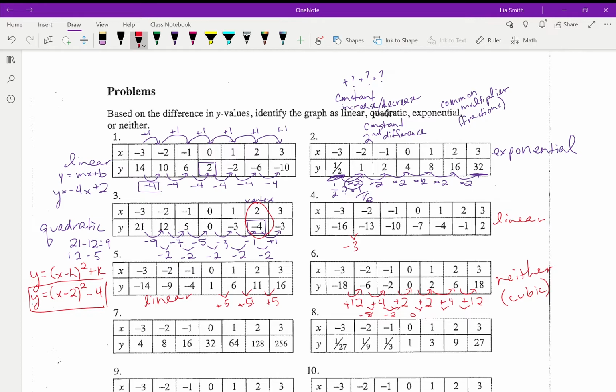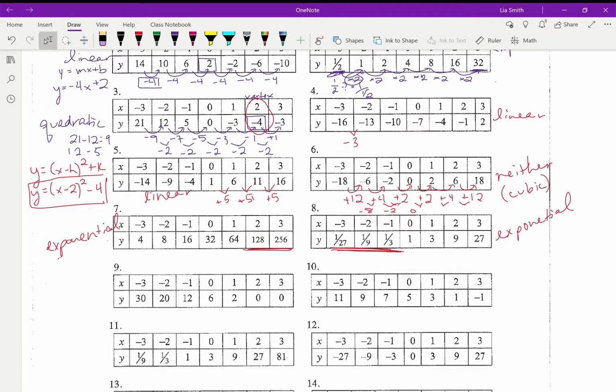Number 7 is an example of exponential. Some dead giveaways are how rapidly these numbers are increasing. Okay, number 8 is also exponential. By inspection, tiny fractions.